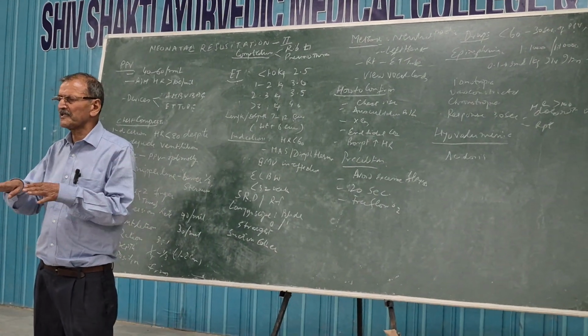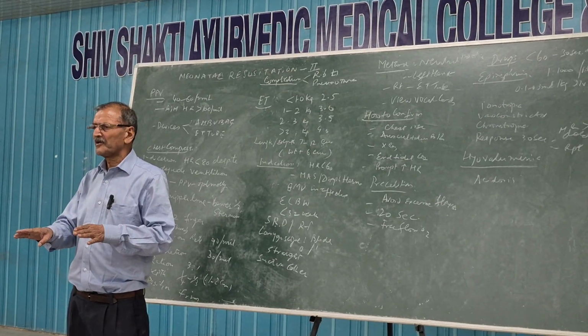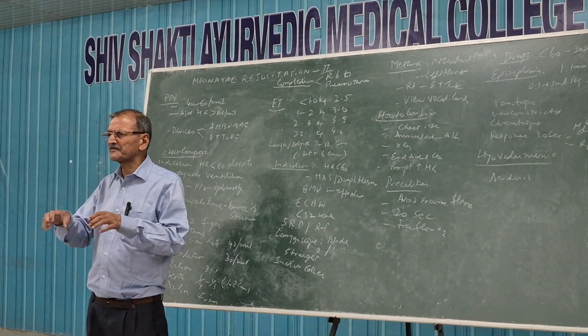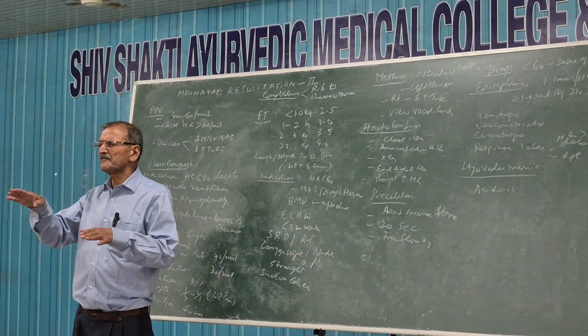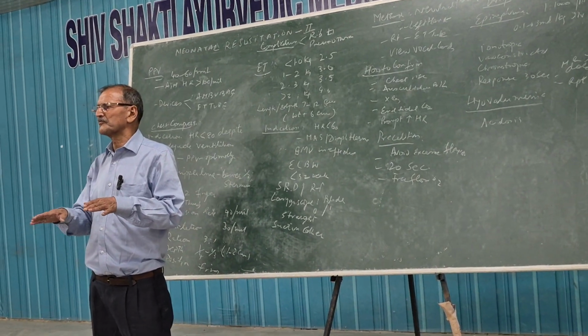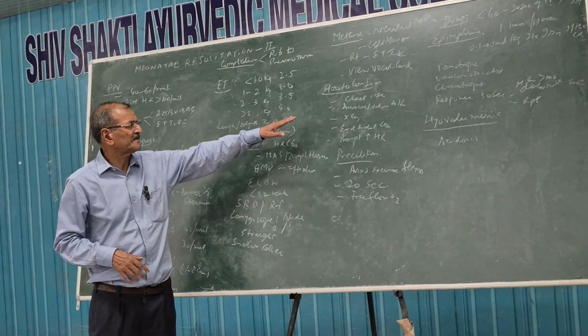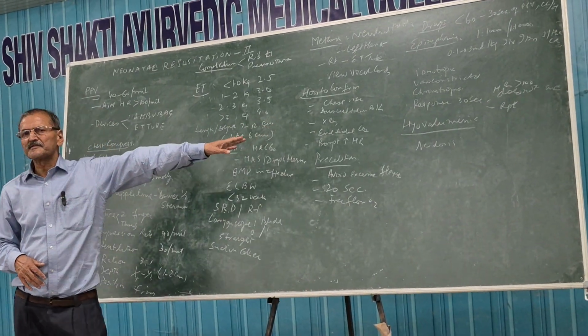As soon as you press, there will be chest rise, then you release, it will settle. Again you press, chest rise. Now let us say one side is moving and the other side is not moving. This means the position is not correct. So this is one method, that you see the chest rise.